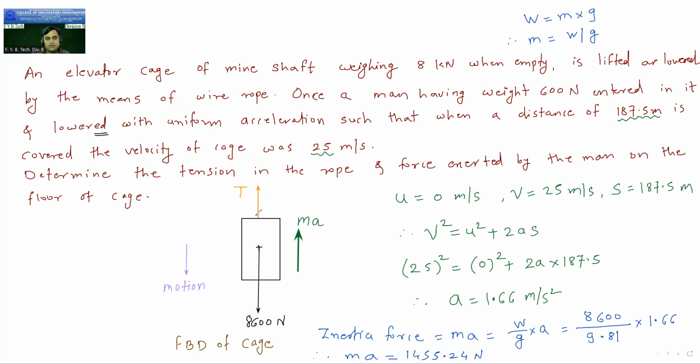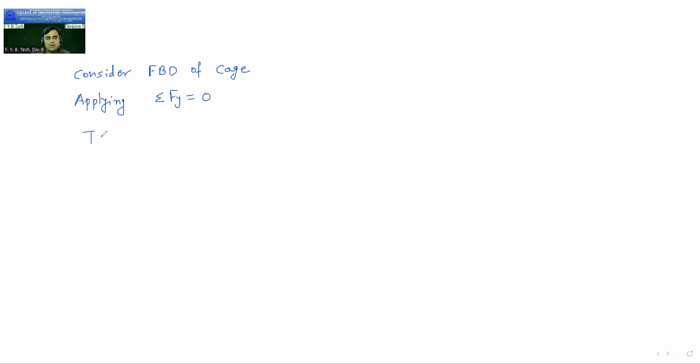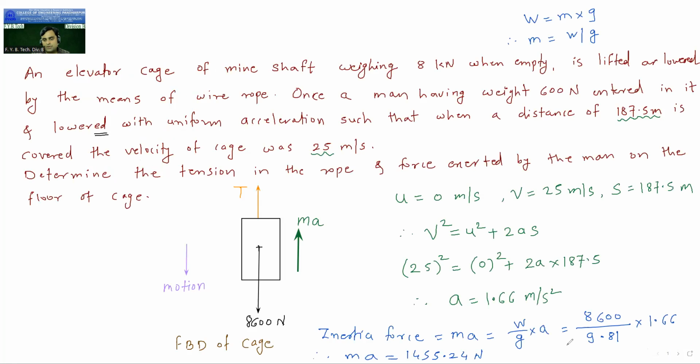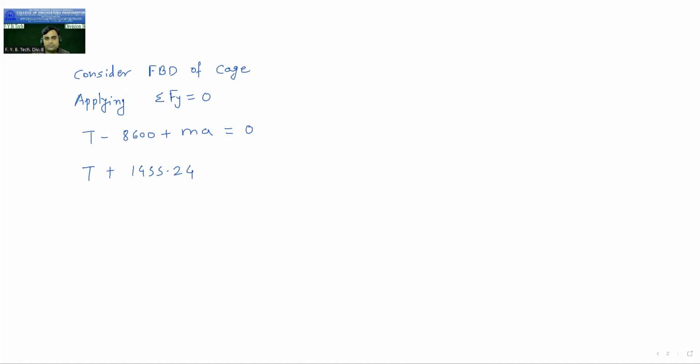T is moving upward, minus 8600 moving downward, plus Ma. So it is T minus 8600 plus Ma is equal to 0. What is the value of inertia force Ma? It is 1455.24. So T plus 1455.24 minus 8600 is equal to 0.